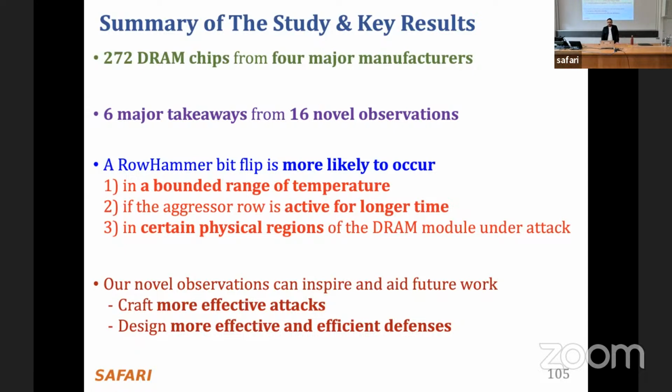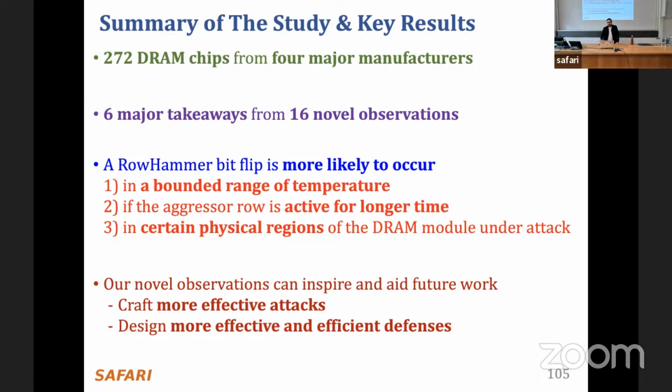And if you keep aggressor rows on or open or active for longer than the minimum amount of time, you can reduce the number of hammers you need. I will talk about all these, and tomorrow we will also have a more elaborated lecture on this. And you can also find certain physical regions of memory that are more vulnerable to RowHammer than others.